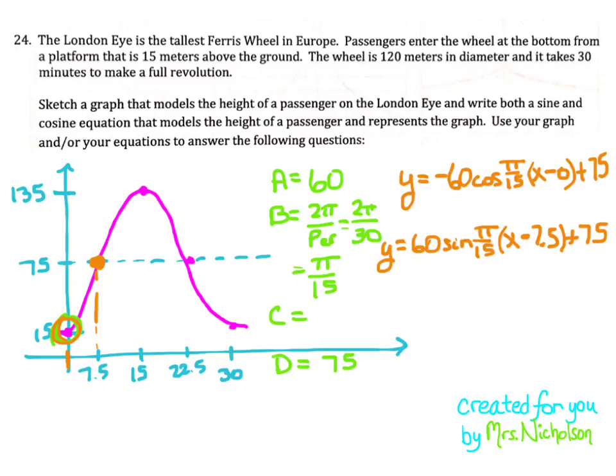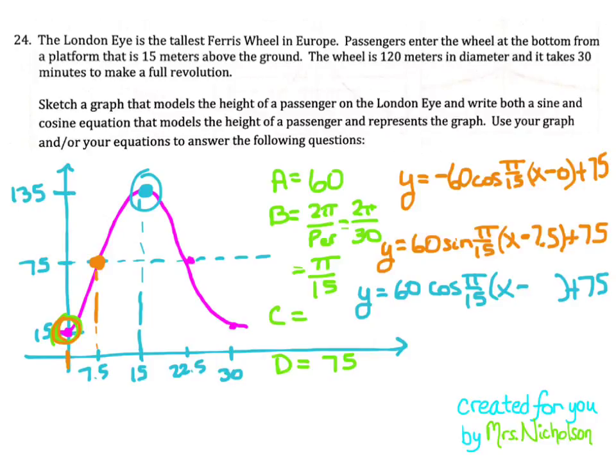I'll give you two more. If we decided to do a positive cosine function, cosine starts at the top of the cycle, which would correspond to this point right here. And that x coordinate, that horizontal shift, would be 15. So again, everything else is going to be the same. Cosine, pi over 15, x, and then plus 75. But that's going to be a horizontal shift of 15.